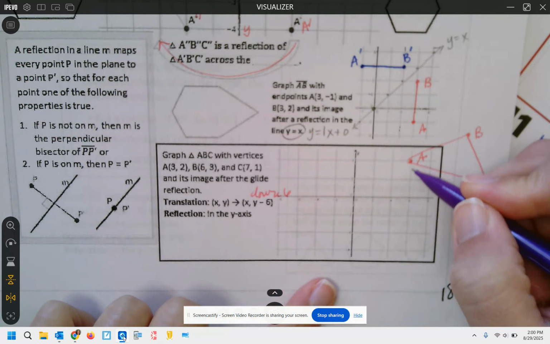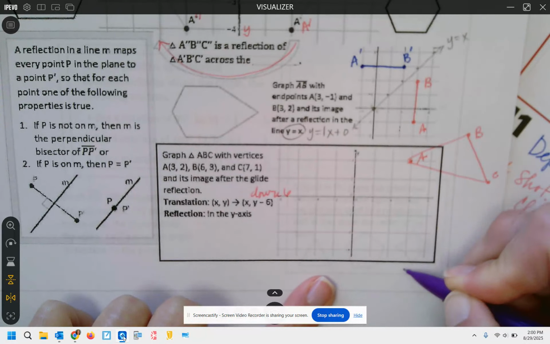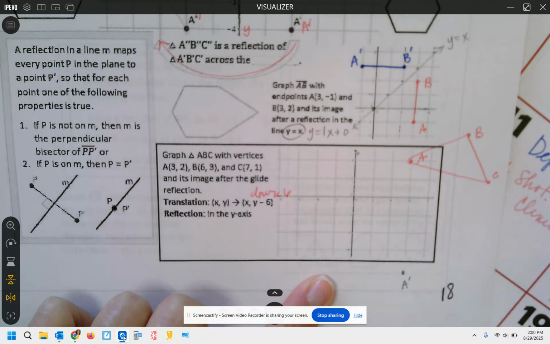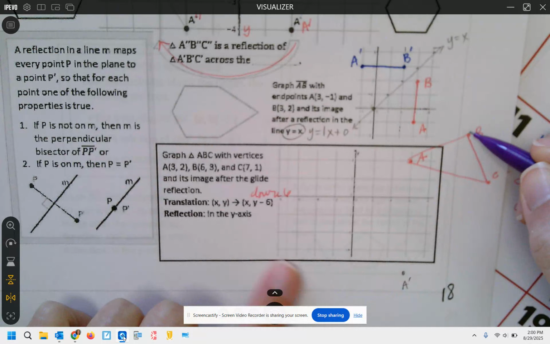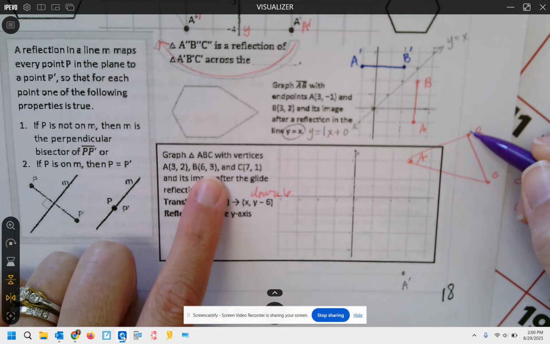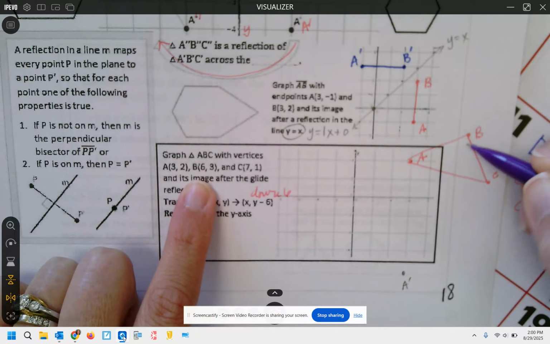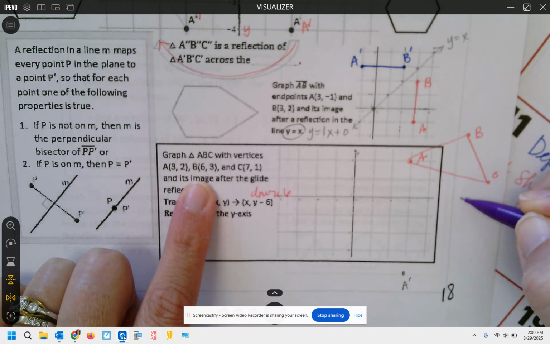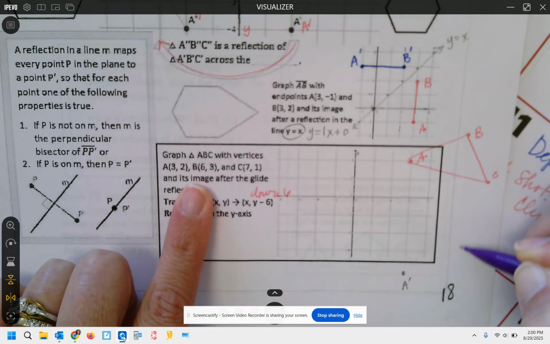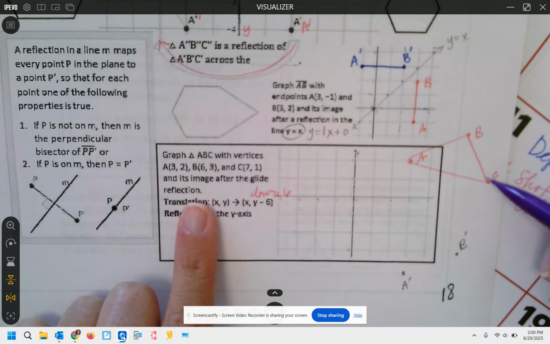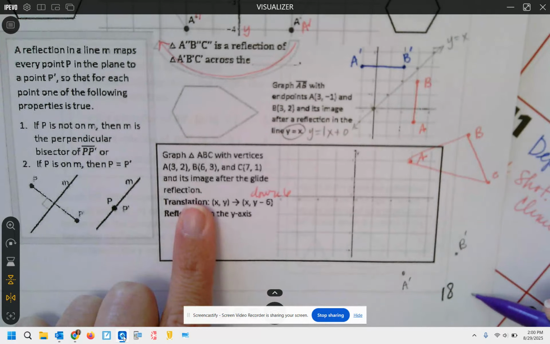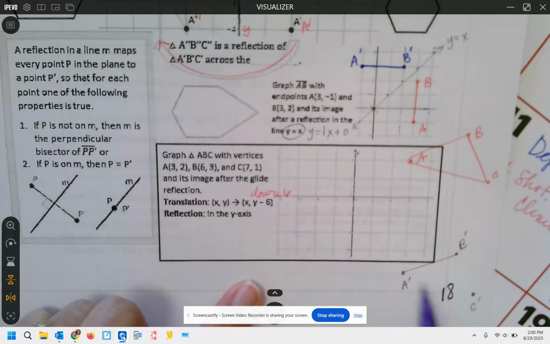So A goes 1, 2, 3, 4, 5, 6 units down. B is up at 3, so this is 3, 4, 5, 6. And then C, 1, 2, 3, 4, 5, 6. Off the page a little bit.